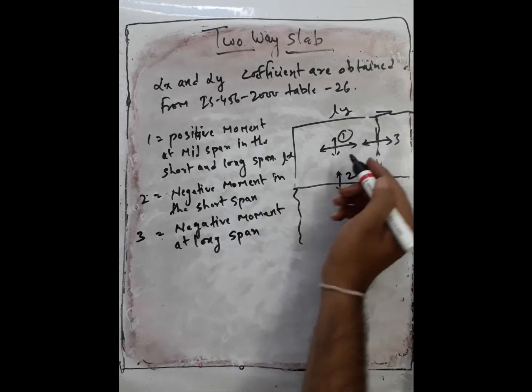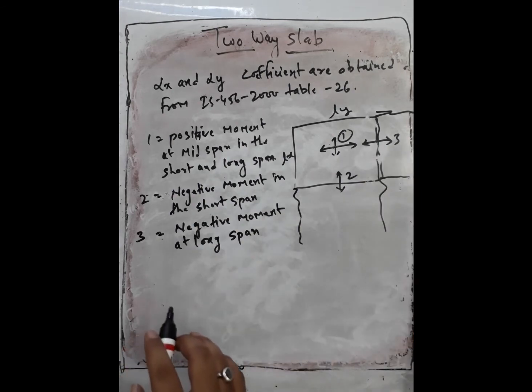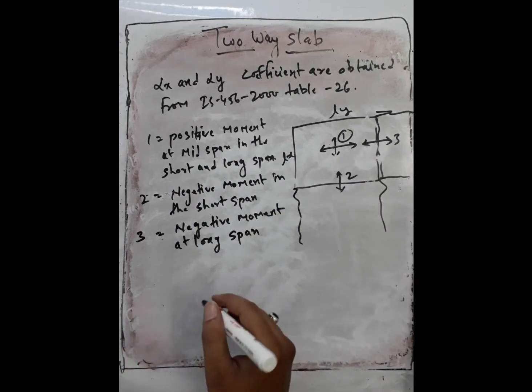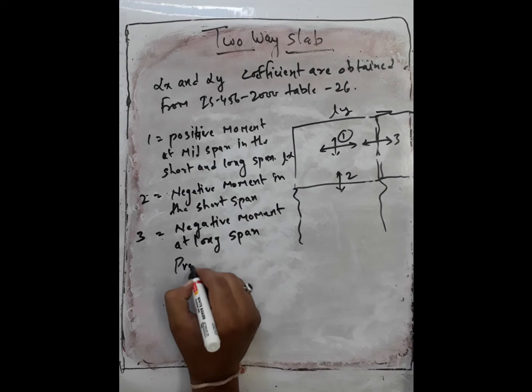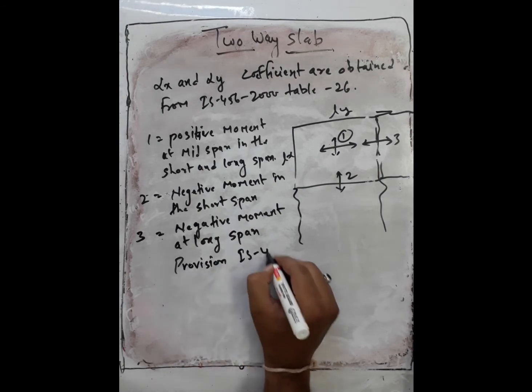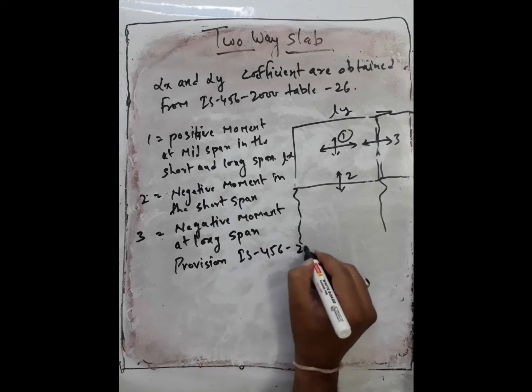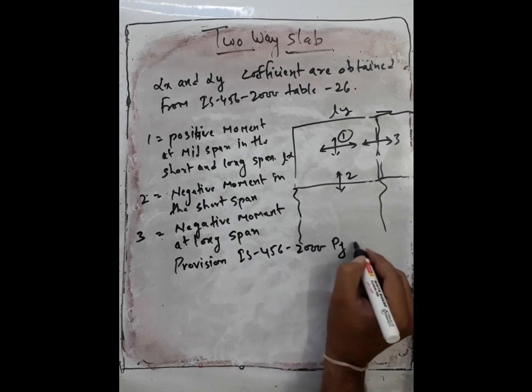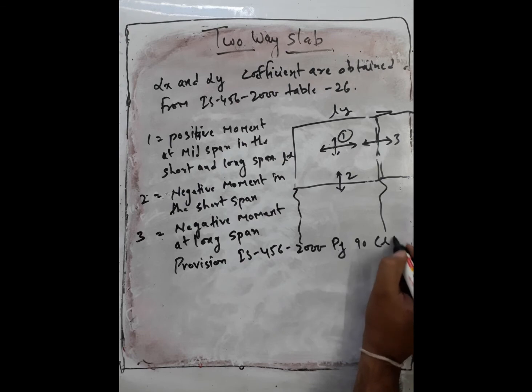This is along the short span and this is along the long span. So there are some provisions made in IS 456:2000, page number 90, clause number D-1.